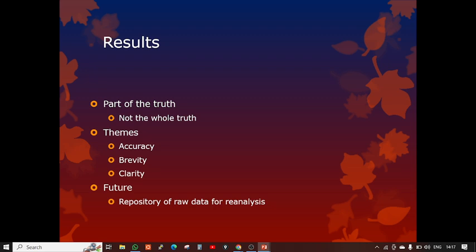Then the future aspect: responsibility of the raw data for reanalysis. This is a very important part of your results section, because once you publish the data in a research paper, you claim that the results are original data and very good.